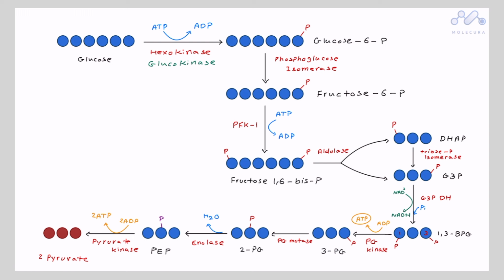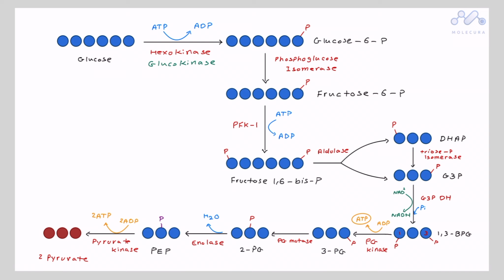What happens next is that through the action of phosphoglycerate mutase, we are going to be removing this phosphate group and putting it on carbon number 2. And the new molecule is going to be called 2-phosphoglycerate. And after this, through the action of enolase, a high energy enol bond is going to be made, and one molecule of water is going to get released.